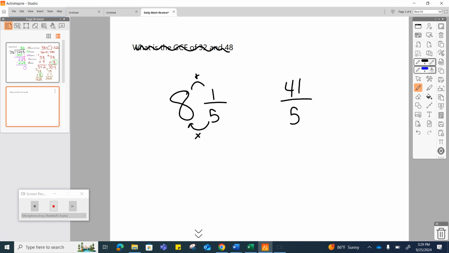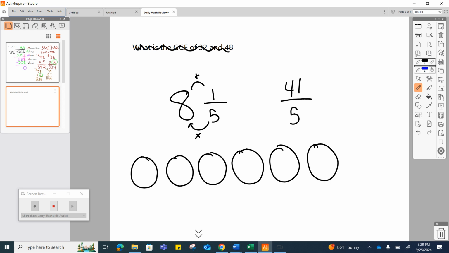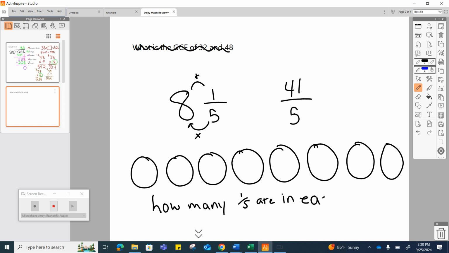The reason is, imagine 1, 2, 3, 4, 5, 6, 7, 8 wholes. How many fifths are in each whole? You can think about it as each whole being broken into 5 pieces. There'd be 5 pieces here, and 5 pieces here, and 5 pieces here, and 5 pieces here.